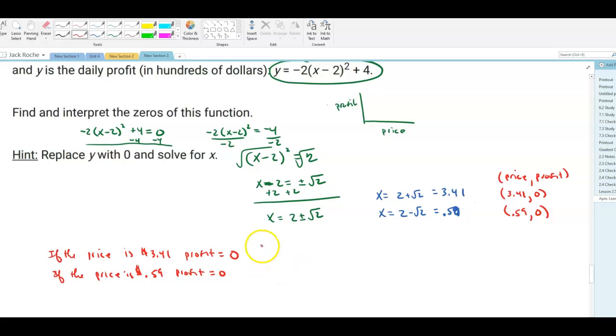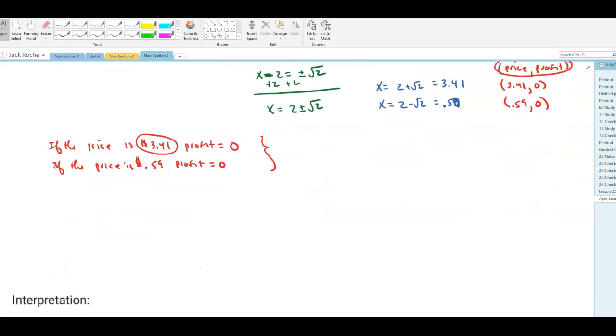What does this really mean? At 59 cents, if you're selling the tacos for 59 cents, you're not making any money because that's probably what it cost you to make it. If you charge $3.41, they're predicting you will not sell any tacos, therefore your profit will be $0. Alright, so know what your ordered pairs are and know how to represent them.